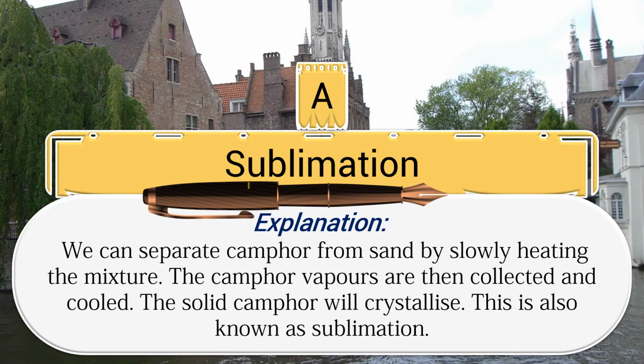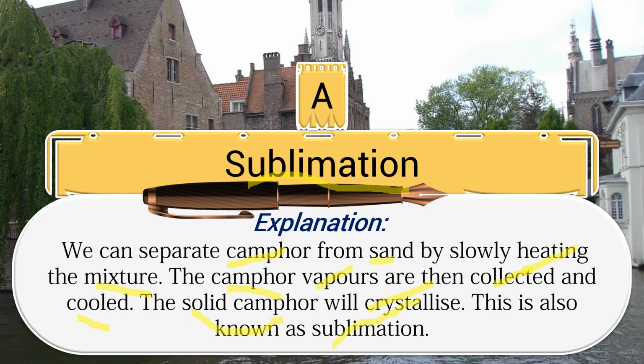The answer is sublimation. We can separate copper from sand by slowly heating the mixture. The copper vapor is then collected and cooled. The solid copper will crystallize, and this is also known as sublimation.